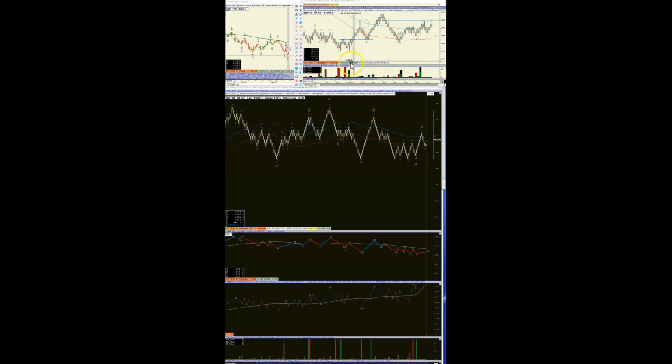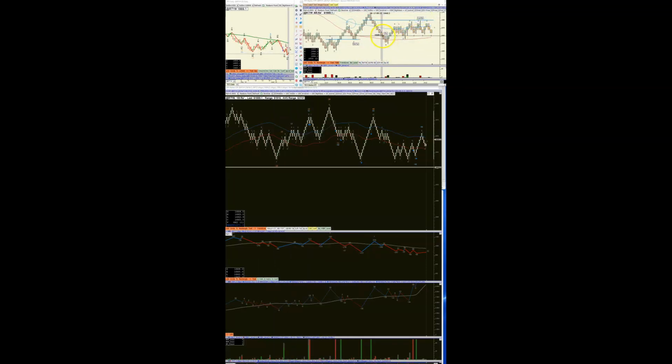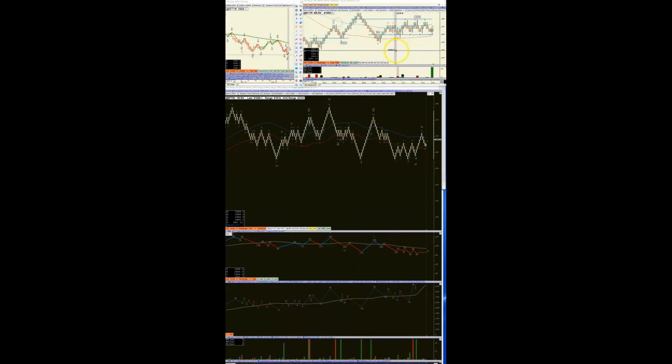So this is some type of breakout and test the breakout. This test of the high bar in this area, test of the low bar in that area. So we'll just take a look at some trades.